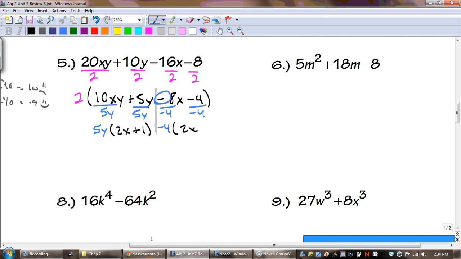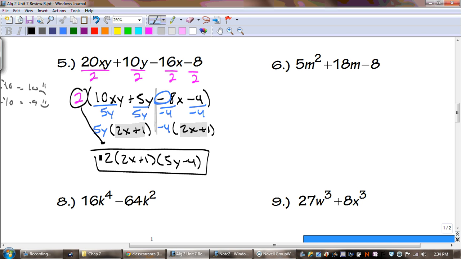And then we get 2x plus 1, which is perfect because those match, which means 2x plus 1 is part of my answer. The 5y minus 4 is part of my answer. That's what we wrote down in blue. And then guess what? This time I didn't forget. We have to bring down that GCF. Okay?